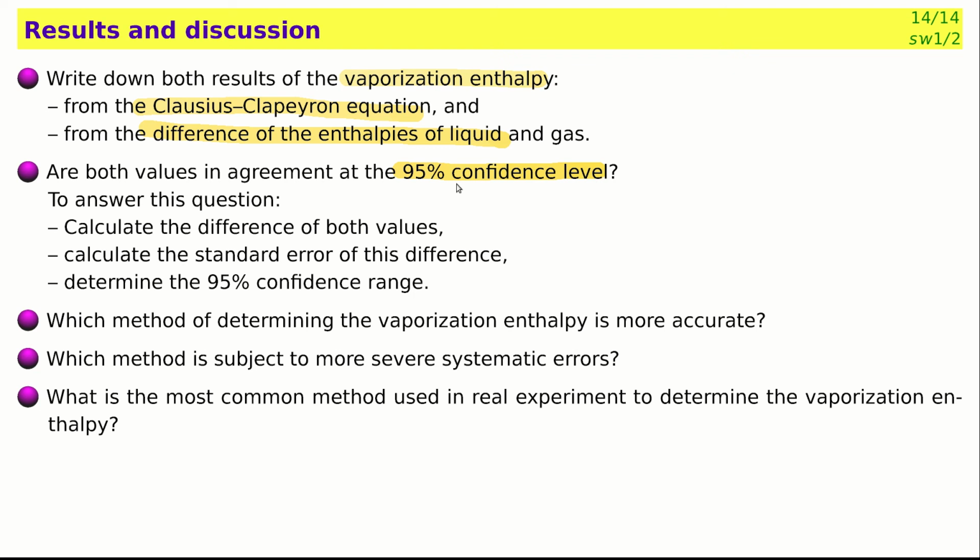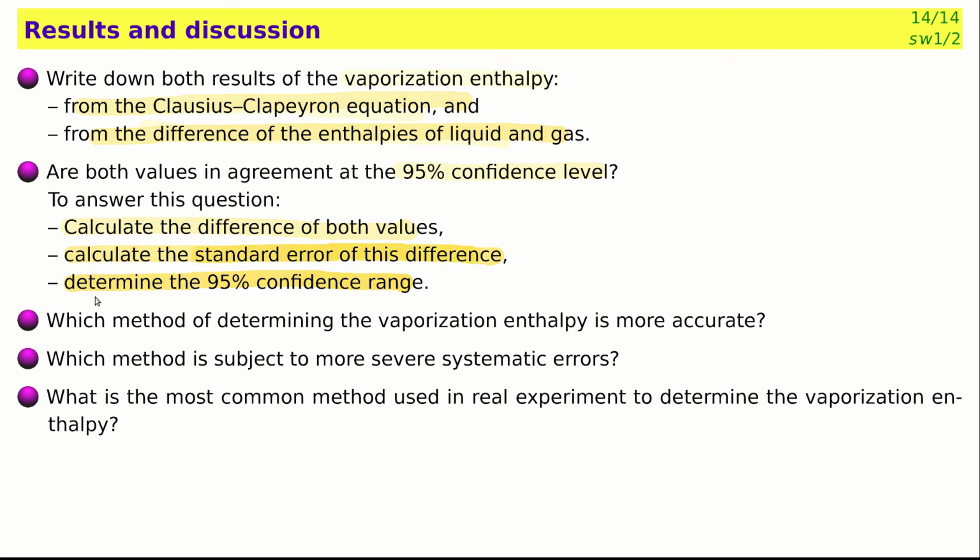To calculate this, you are supposed to calculate the difference of both values, so that we compare the difference to 0. Then to calculate the standard error of this difference, it is one standard deviation, and then to determine the 95% confidence limit, it's twice the standard deviation range.